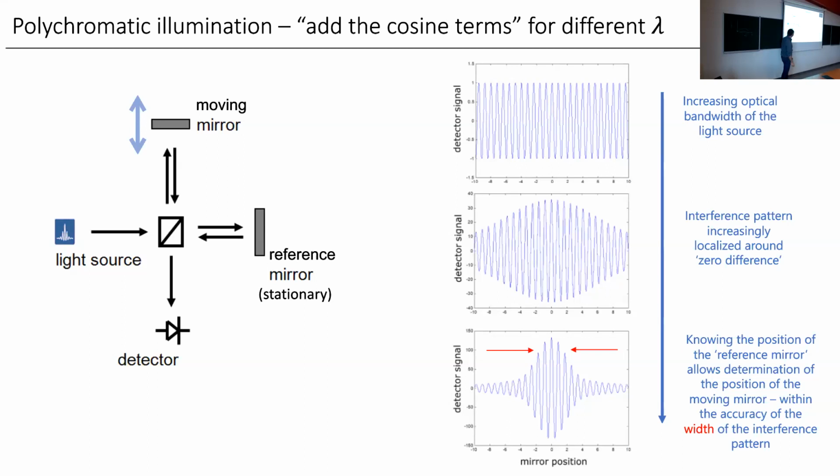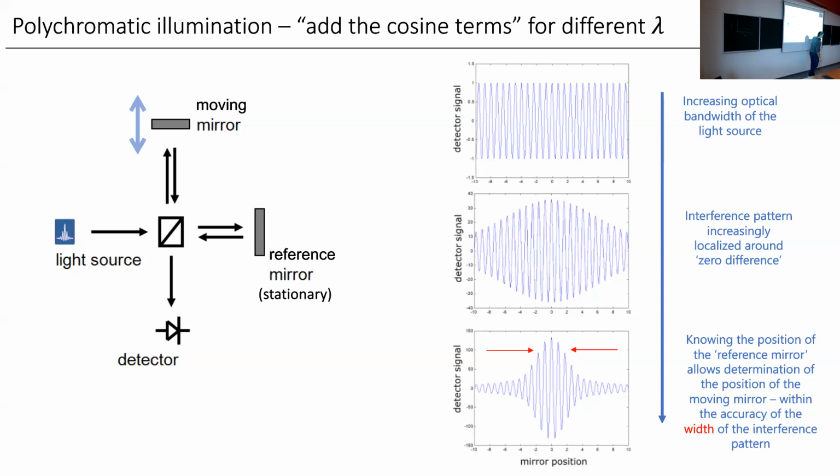If I have this mirror, and I know its exact position, and at some point I see this interference pattern, then I can calculate the position of that other mirror, because I will only see this very narrow interference pattern when the distances are the same. So if I see it, then I know the position.